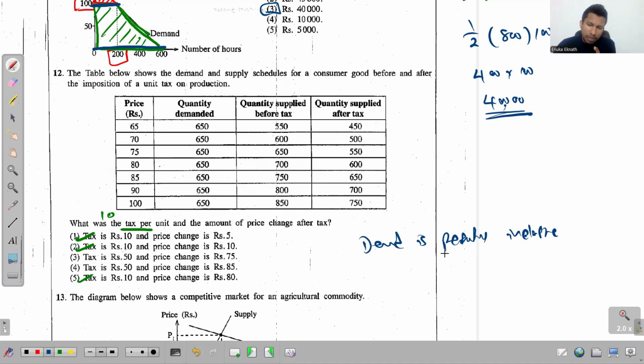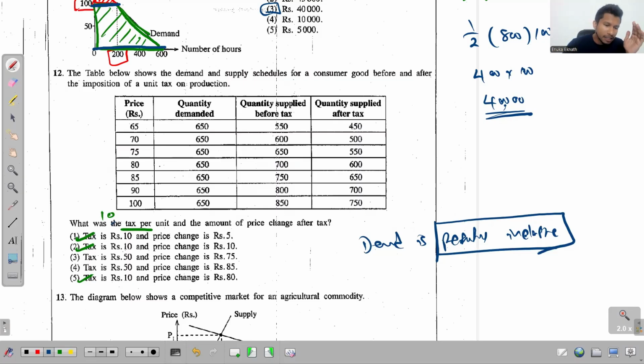And if demand is perfectly inelastic, or even if it is not perfectly inelastic, let's just think that if the demand is inelastic compared with the supply, then the consumer needs to bear a higher burden of the tax. But if the demand is perfectly inelastic, that is the extreme case, the entire tax burden, not a higher tax burden, is borne by the consumer.